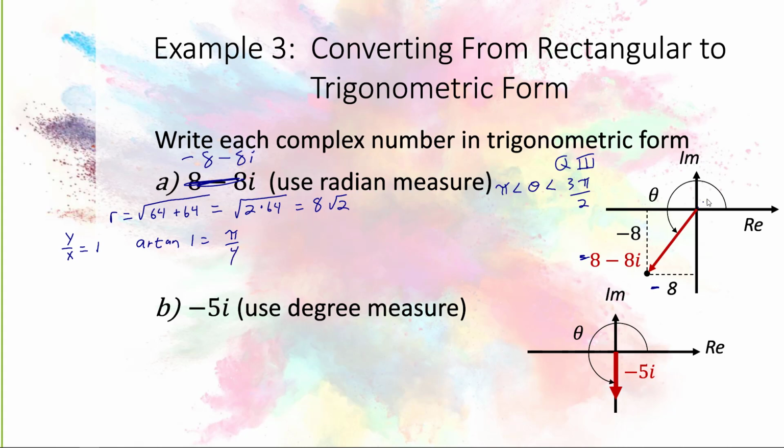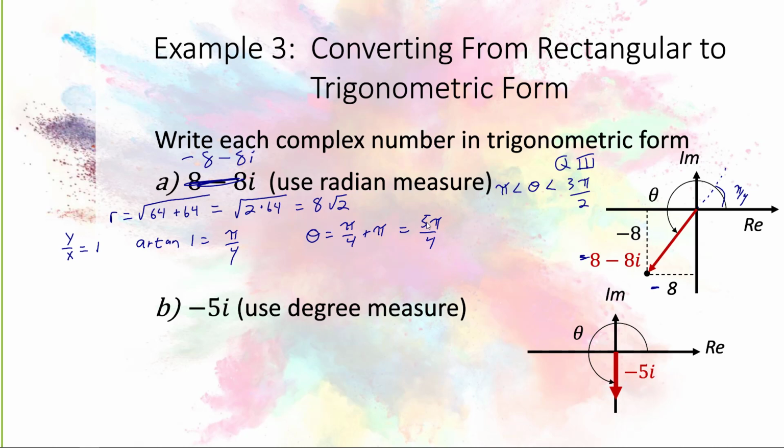Well, this right here is pi over 4, and once again, we are in quadrant 3, not quadrant 1, so we need to add pi to this. So our angle theta is going to be this result, pi over 4, plus pi, which will give you 5 pi over 4.